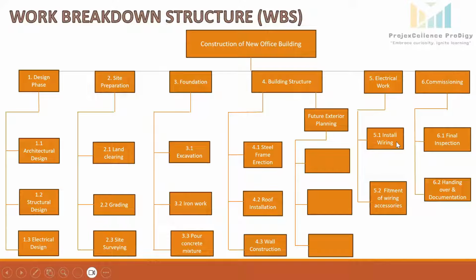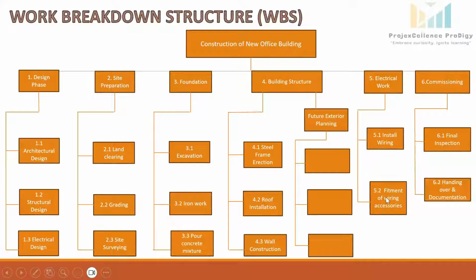So let's assume for installation of wiring, suppose material cost is $5,000 and the labor cost is $3,000. So for this work package, total cost becomes $8,000.